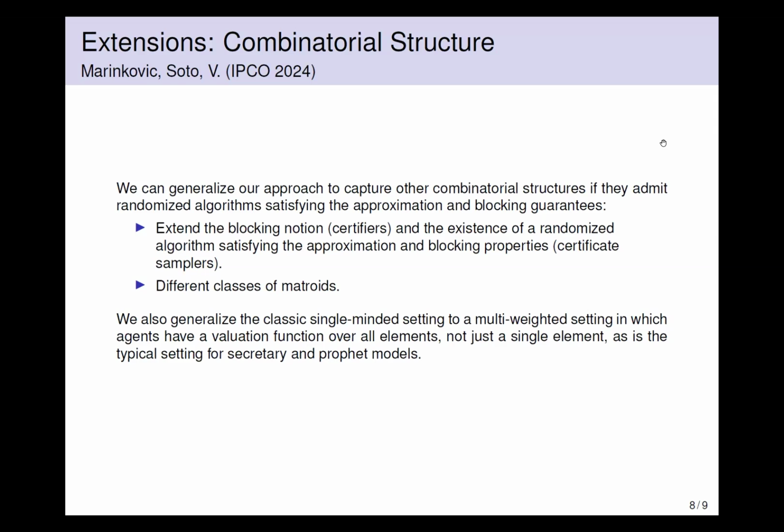So the definition is a bit more complicated in order to capture a more general setting, but in your mind, you can think that this is essentially the DLP. You take the solution and then you use it to construct a probability distribution. And using that machinery, we can capture several other settings, including different classes of matroids.